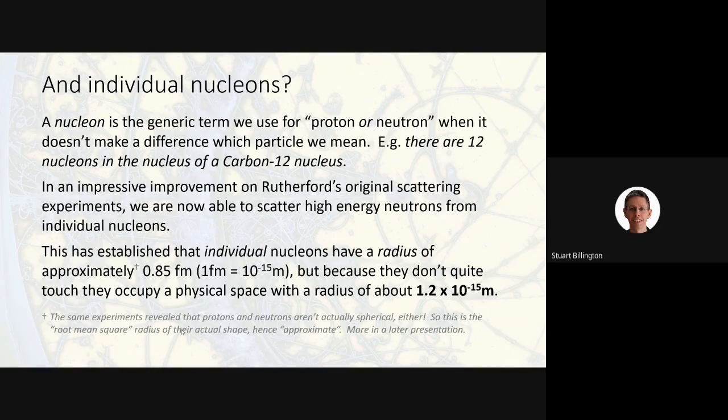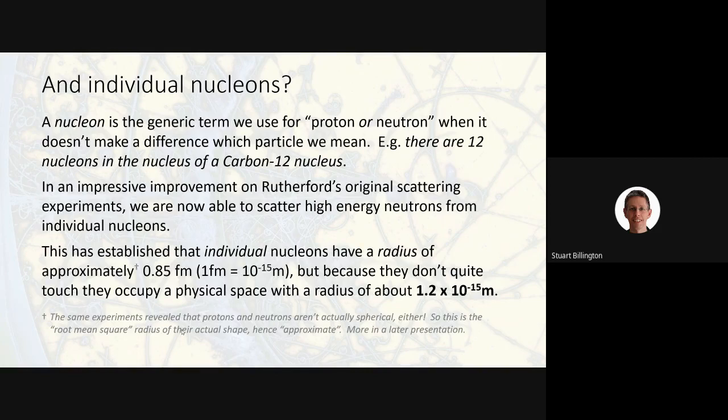So what's more important to us is not so much how big they are, but how much space they take up within the nucleus. It turns out that the radius of the space that a single nucleon occupies is about 1.2 times 10 to the minus 15 meters. And again, that's a number it would be helpful if you could remember. Definitely the 10 to the minus 15 meters-ness, but if you can remember the 1.2 as well, that would be really helpful for calculations coming up in the future.